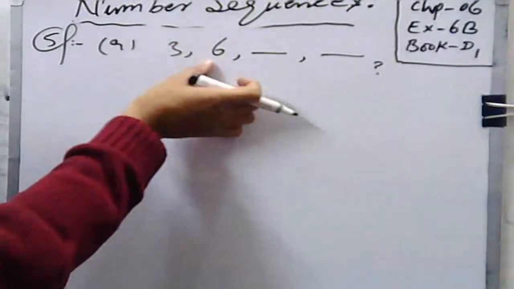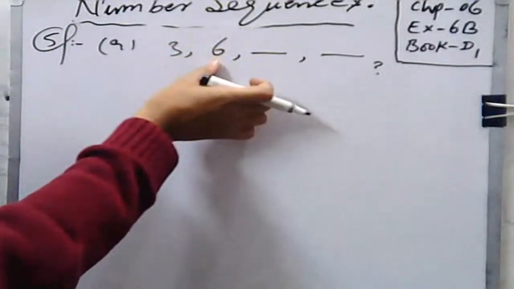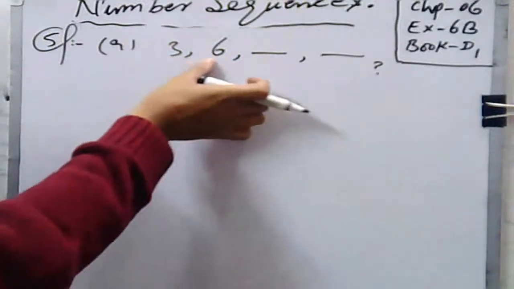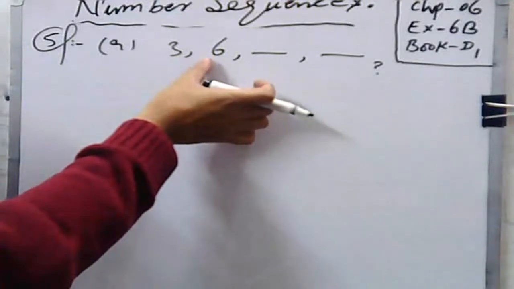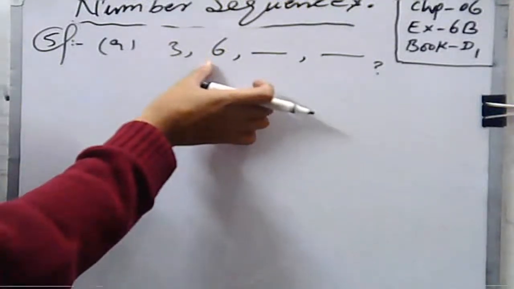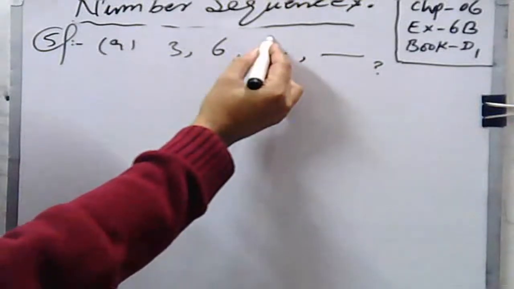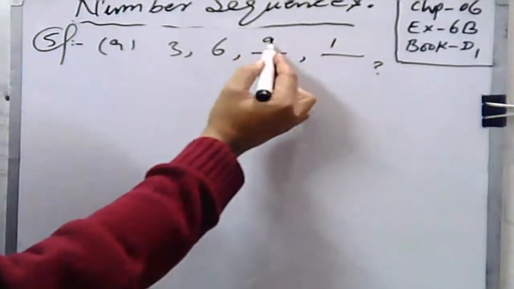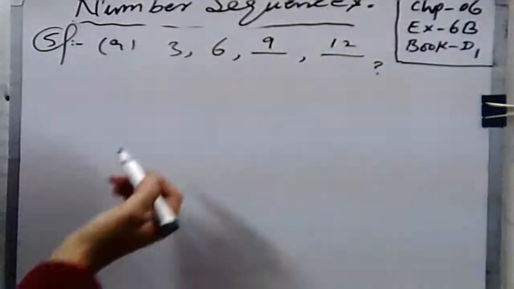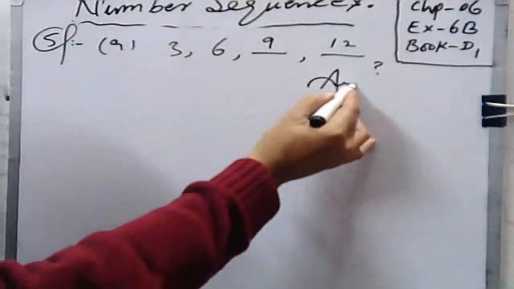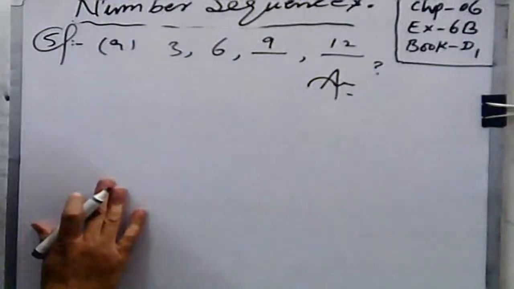In the next triangle you can see in your textbook that 3 is added. So shaded triangles increase by 3, so definitely it would be 9, and then again plus 3, it would be 12. So very simple. That is your required result if you see the shaded triangles in your textbook.